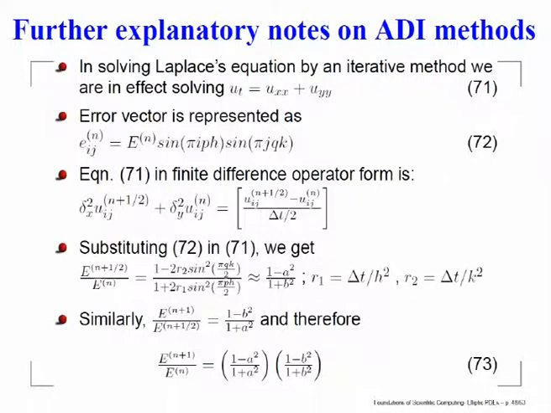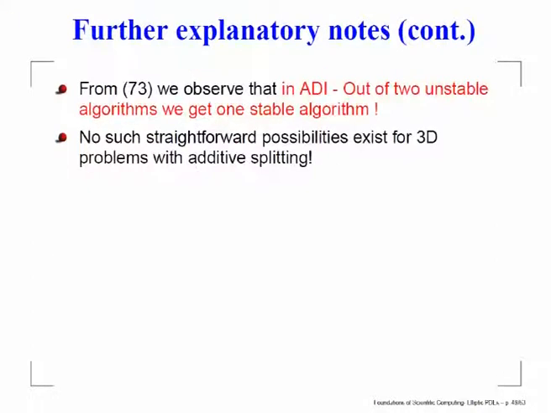So basically, this is what we actually conclude, that in ADI what we are doing, that individually the steps could be unstable, like what we just now explained. However, when we put them together, we get a stable algorithm, right? So that's the key to success of ADI method.